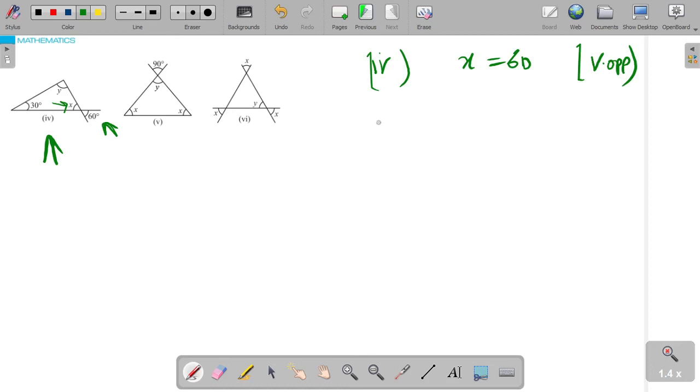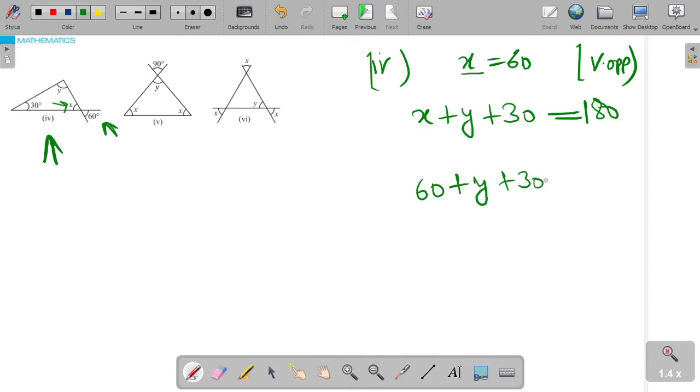Then we use angle sum property. It is x plus y plus 30 equals 180. So we use the value of x. So we write here 60 plus y plus 30 equals 180, or you can say y plus 90 equals 180.